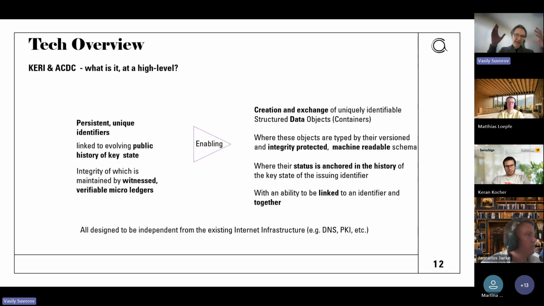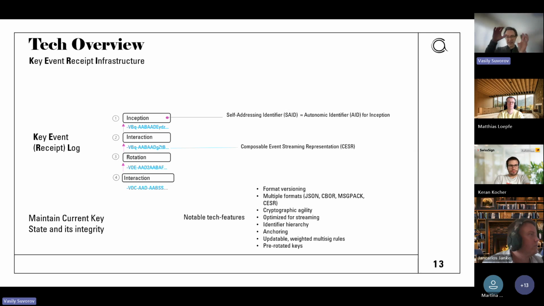So there's an identifier, there are keys that are rotating and changing, and there are events related to that identifier. The identifier stays the same, and that enables very nice applications around verifiable data exchange, and therefore credentials as well. So that's the high level view.